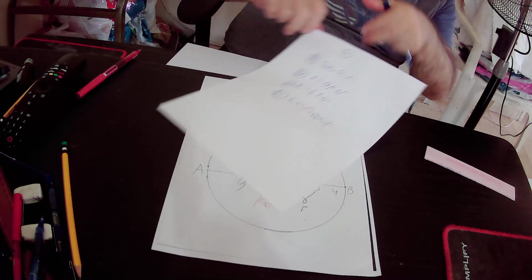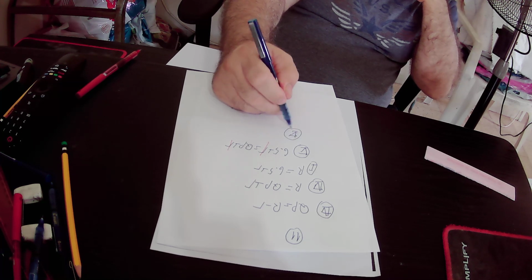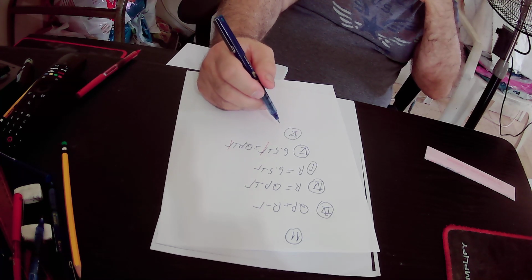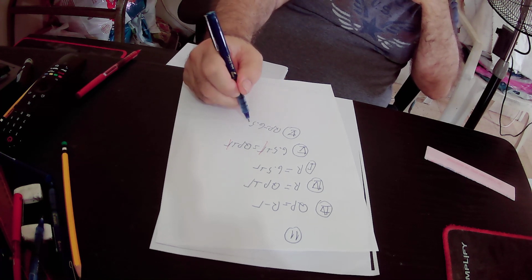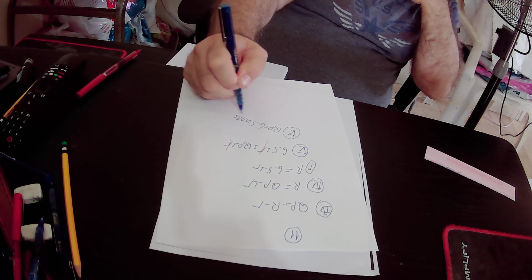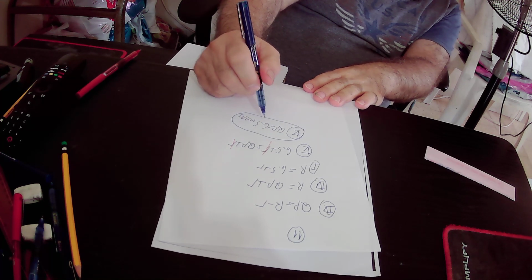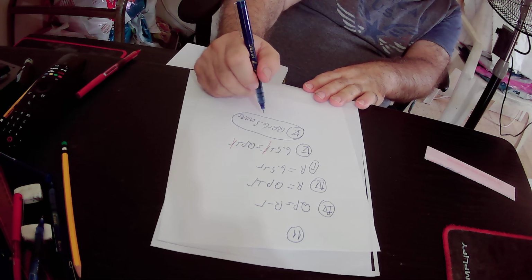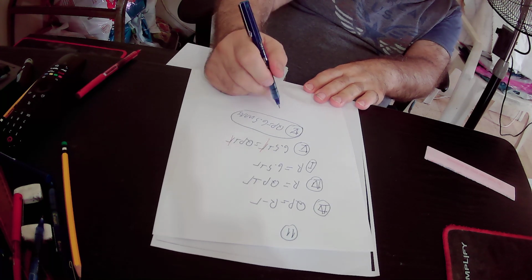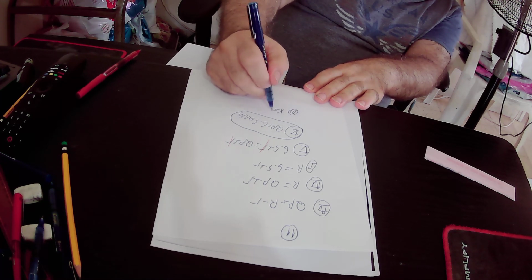After we cancelled r, we get that QP equals 6.5 units. So the distance between the centers of the two circles is 6.5 units, and we have already known that x equals 2.5 units.